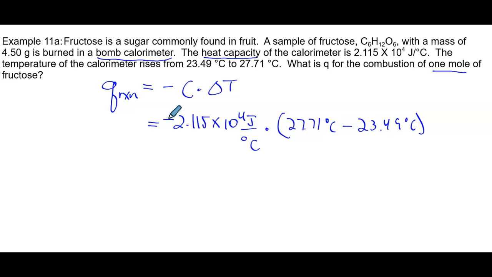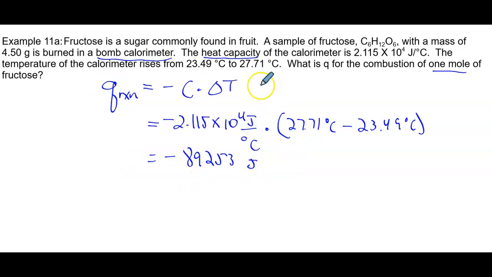So I'm taking 2.115 EE 4 times parentheses 27.71 minus 23.49, and I'm just going to slide the negative in at the end. And I get negative 89,253 joules. So that's my Q reaction.